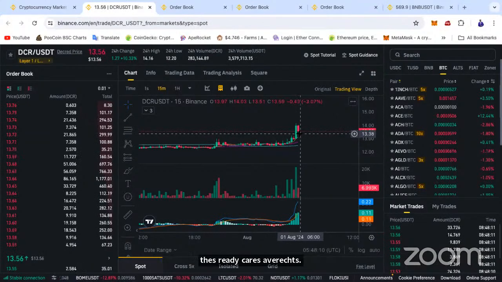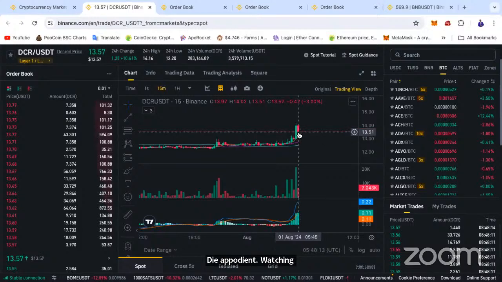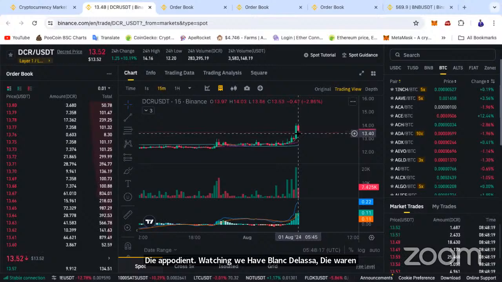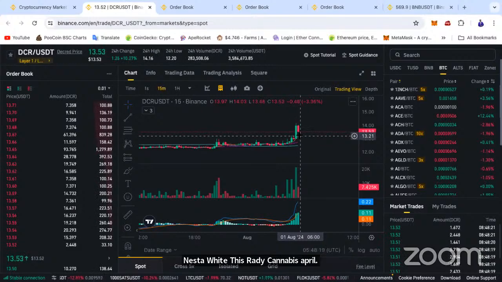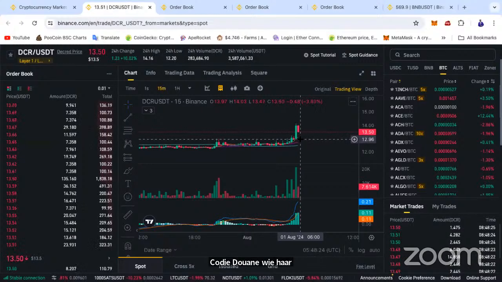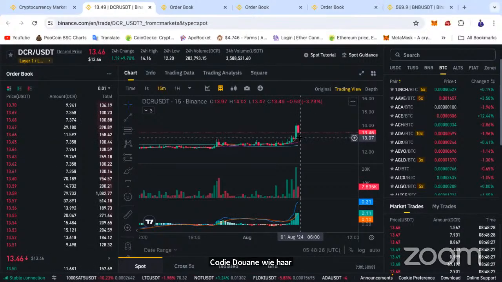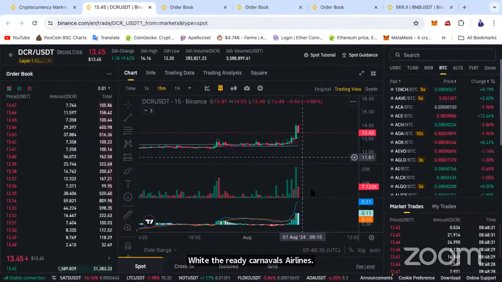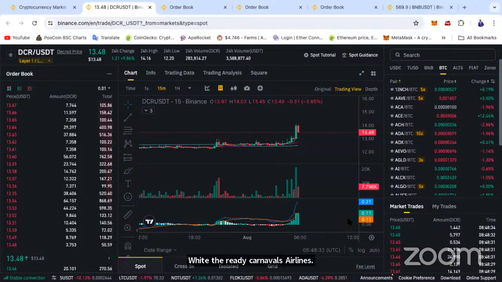And that's why we use the Royal Q robot to trade.